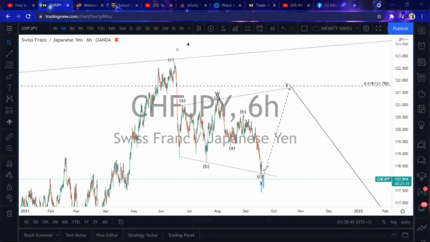But we're hoping for this move to complete this area here at Y correction for the next drop down. So it can either go down, or if it closes above this area today, it will move all the way up to this region for the next sell setup. So this one is around 121.780 levels for the next drop down.